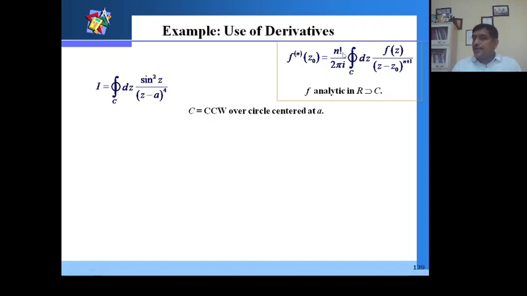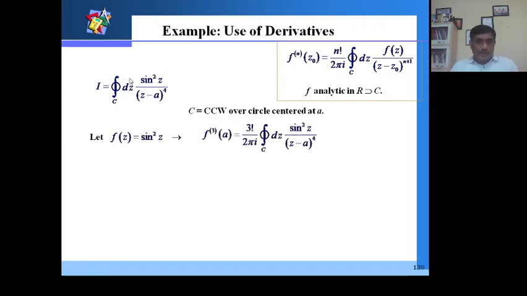We can make it f^n(z naught) equals n factorial by 2 pi i. That also we can remember. Here f(z) is sine square z. Sine square is an analytic function, a trigonometric function.